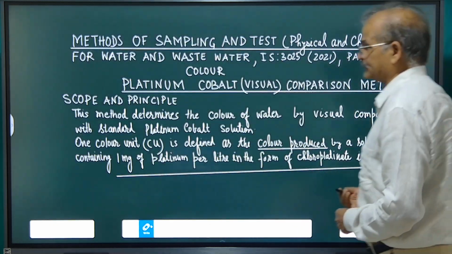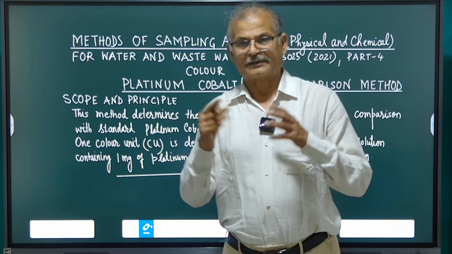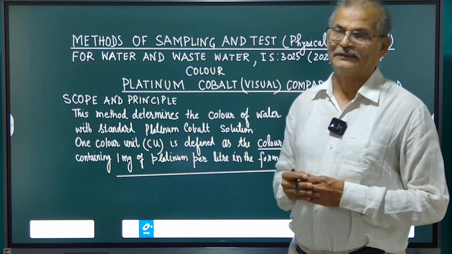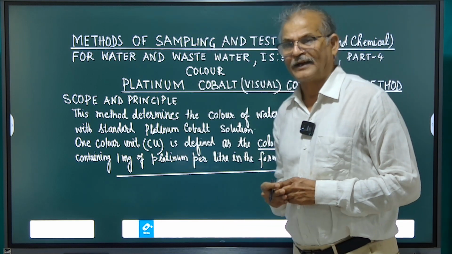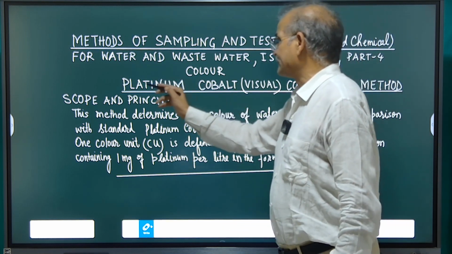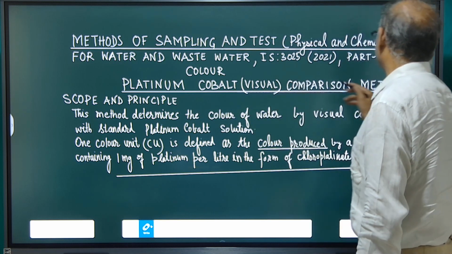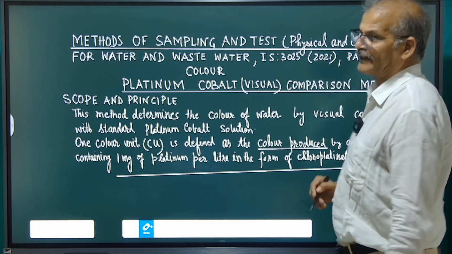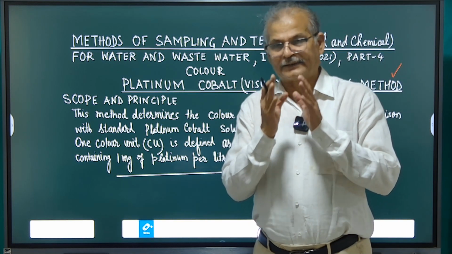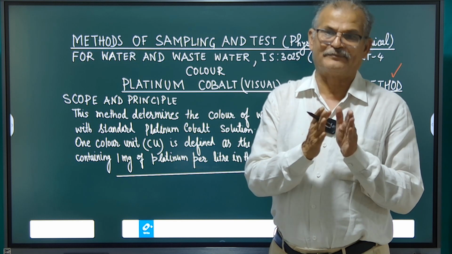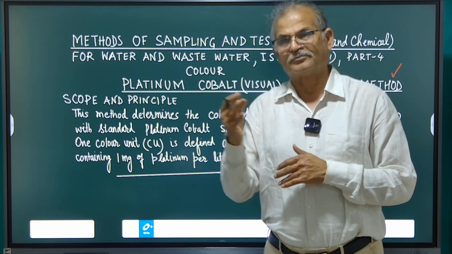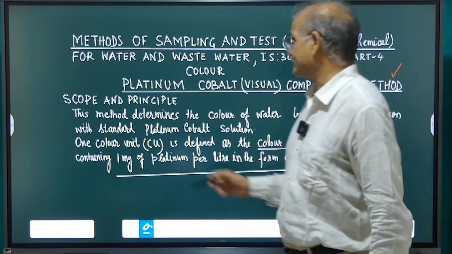For determining the color, IS 3025 Part 4 gives the Platinum-Cobalt Visual Comparison Method. With this, we find out whether water is acceptable, whether it is in 5 to 15 Hazen, or more.